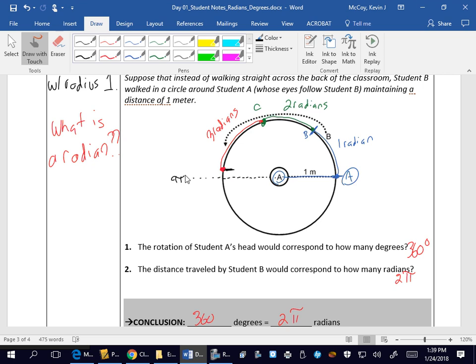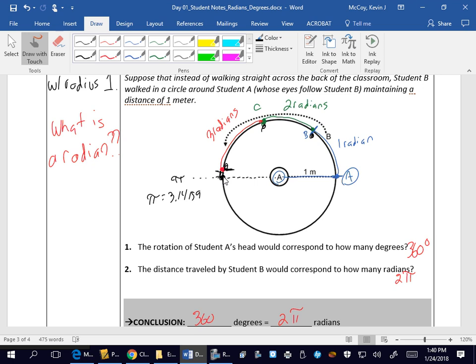And if you remember, pi is approximately equal to 3.14159 and so on. If I get all the way back around to here, that is pi radians. So that extra little distance right there is the difference between pi and 3.